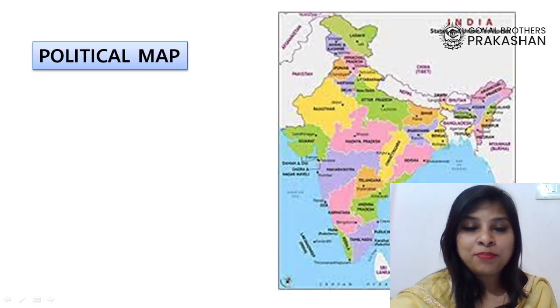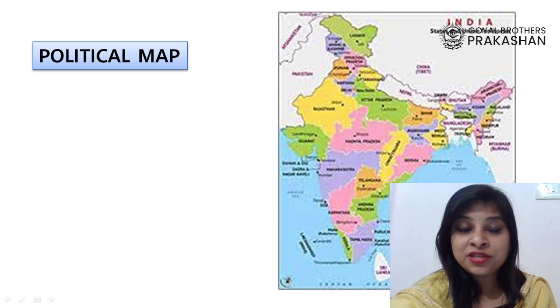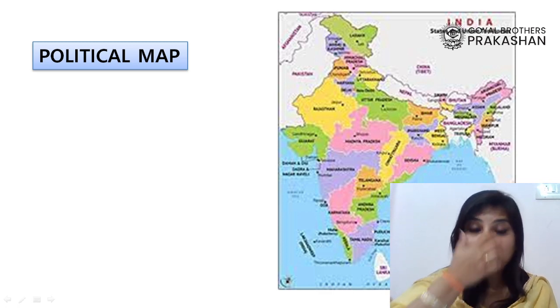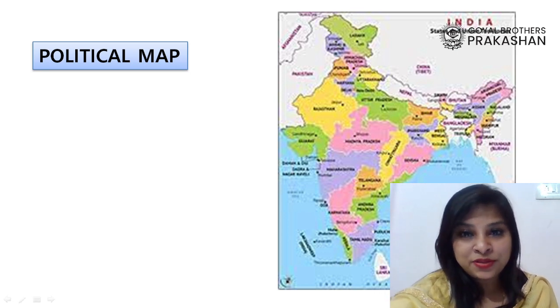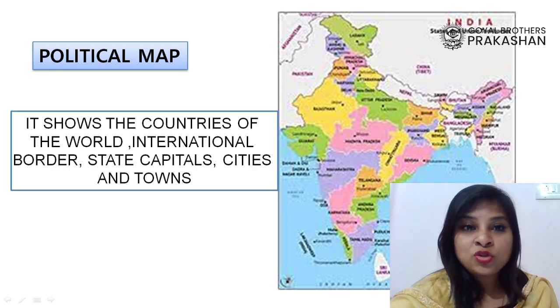Now, political map. This is on the basis of content. Political maps are those maps which show the countries and capitals, only the places, countries and capitals. So it shows the countries of the world, international borders, state capitals, cities and towns.